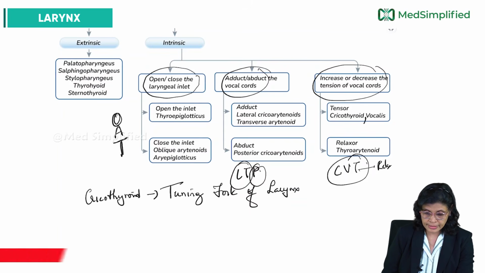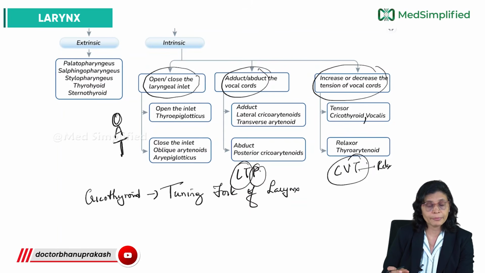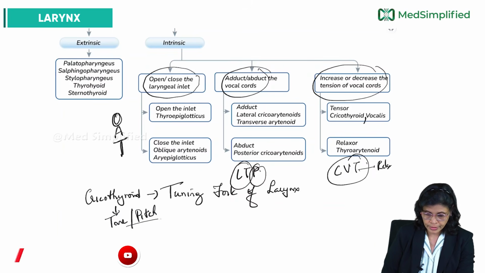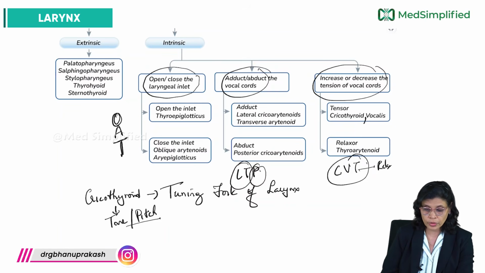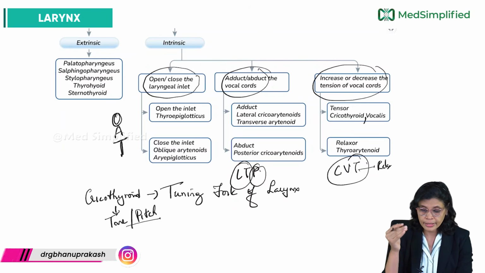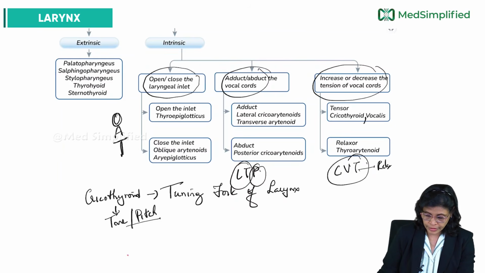So this muscle is responsible for the tone as well as pitch of the voice. When the sound is about to be produced, it tenses. It is a tensor of the vocal cords, so it tenses the vocal cords and makes them ready to vibrate to produce that sound. That is why it is called the tuning fork. Like a tuning fork, it vibrates.